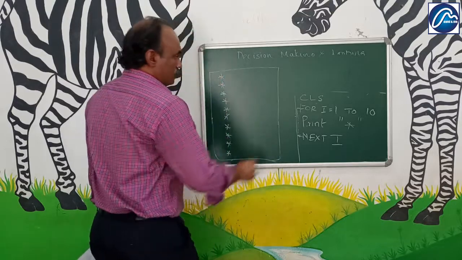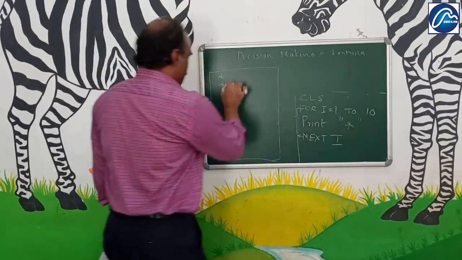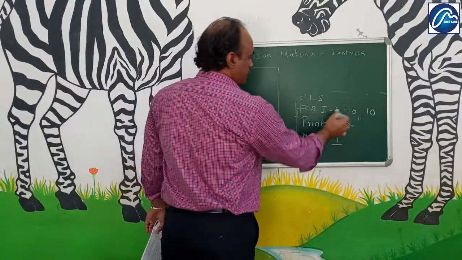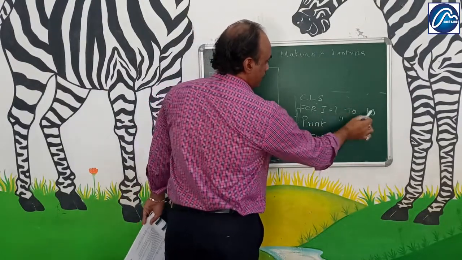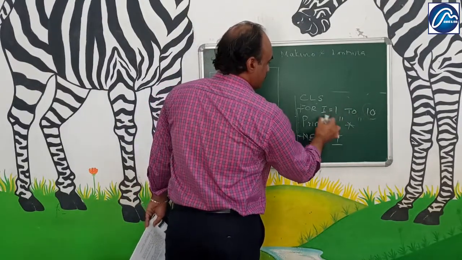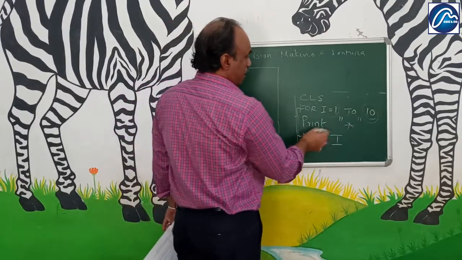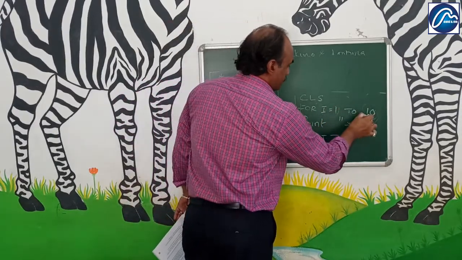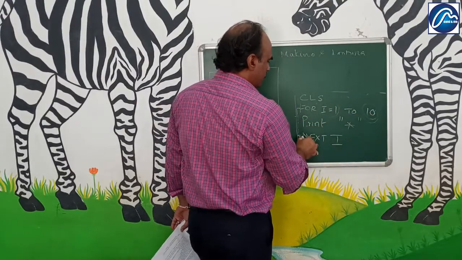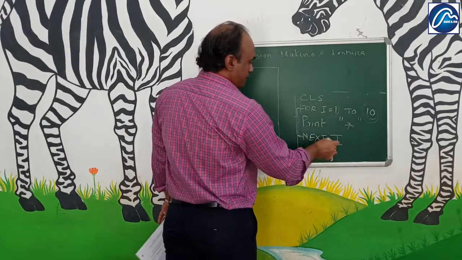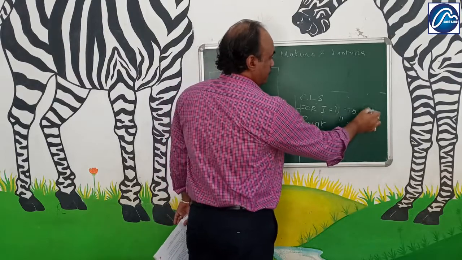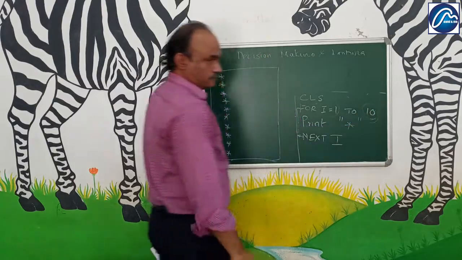So till 10 it gets printed. After 10, there is no condition, because by 10 it has to end. So this is the initial value and this is the final value, and the loop gets executed from the initial value to the final value, till it encounters the next statement, finally ending at the final value.